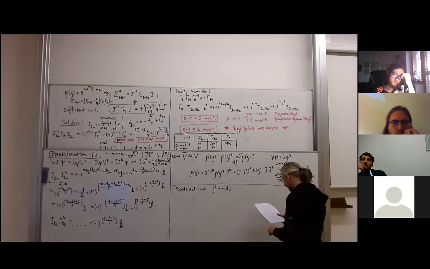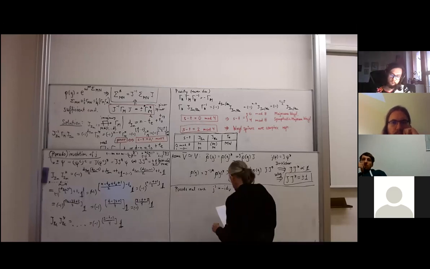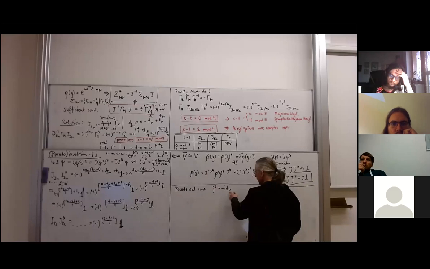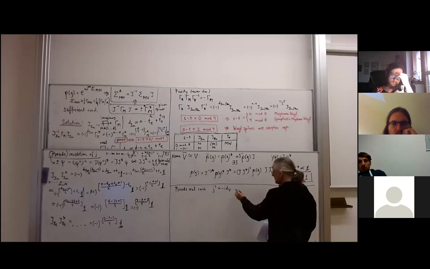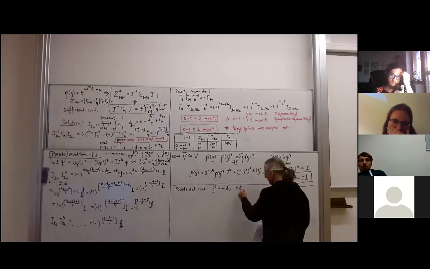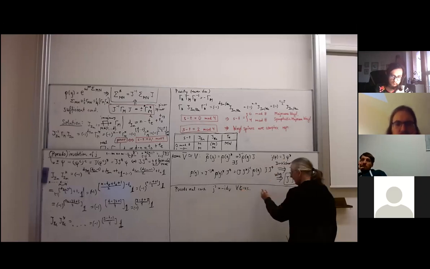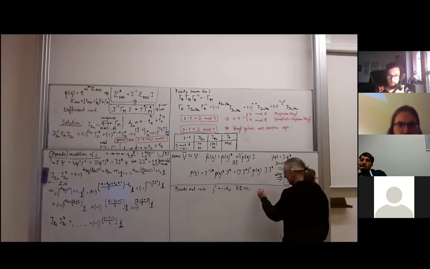Then it turns out that we can lift V, which is a complex representation, a C vector space, to a quaternionic representation in the following way.